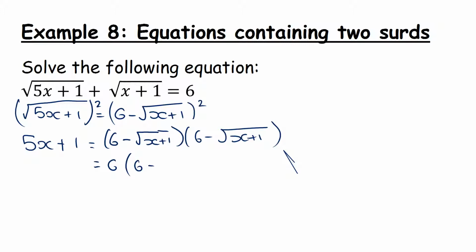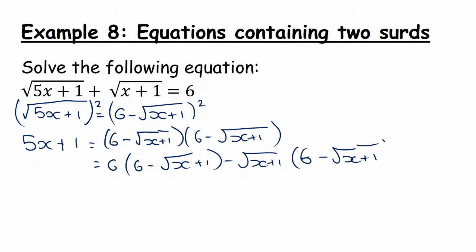So basically we want to split our bracket, and then we have a minus root x plus 1 bracket, 6 minus square root of x plus 1. Okay, so 6 by 6 is 36. The square root of x plus 1 by 6 is going to be minus 6 root x plus 1.